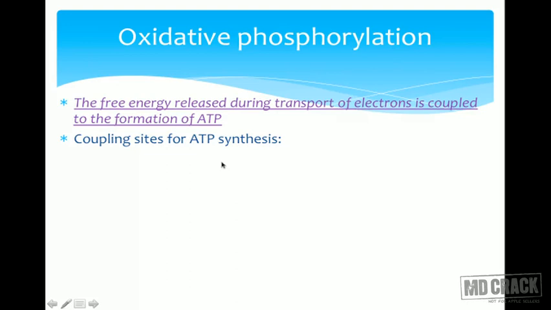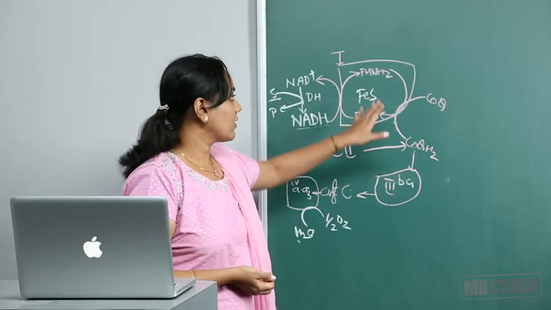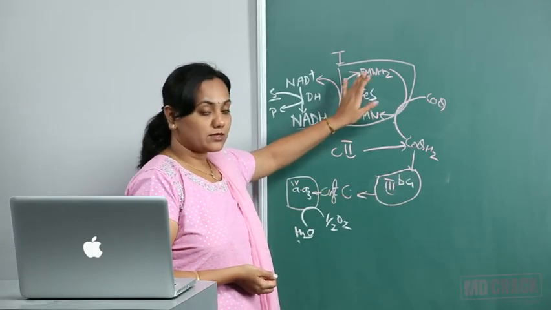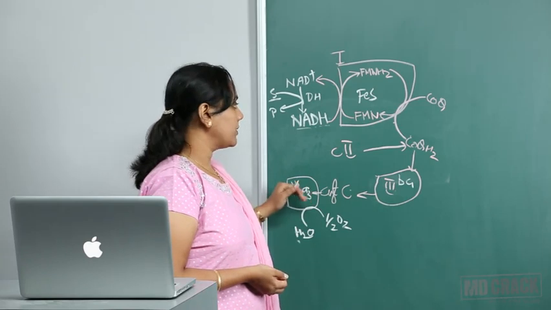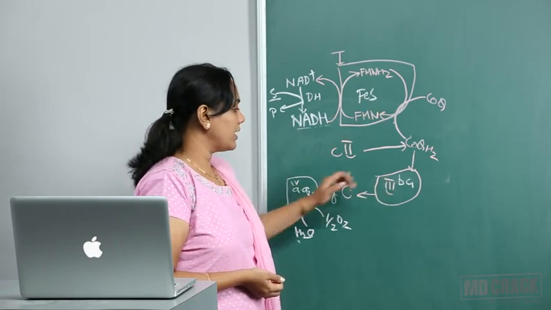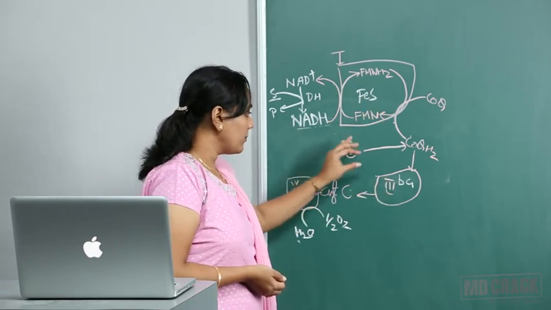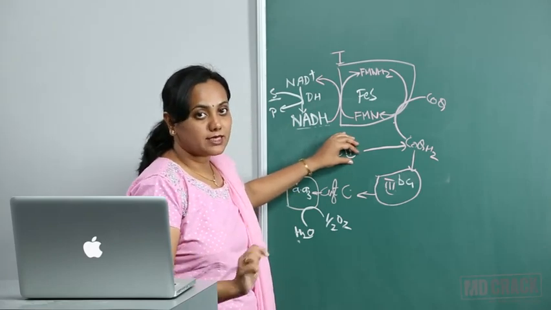So there are what are called coupling sites. Let us know that the coupling sites for ATP synthesis are complex 1, complex 3 and complex 4. Complex 1, 3 and 4 are the coupling sites. Complex 2 is not a coupling site.